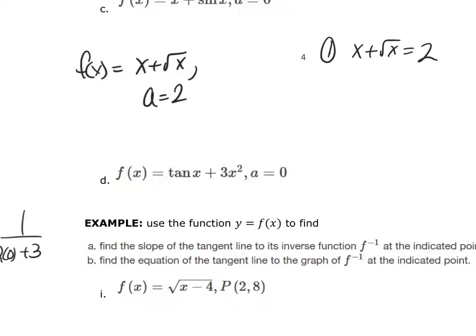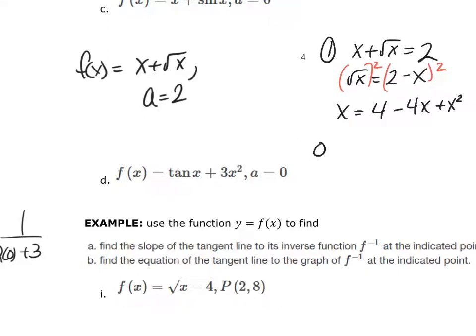So the square root of x is equal to 2 minus x. Get the square root by itself, isolate it. I'm going to square both sides. And when I square both sides, I get x is equal to 4 minus 4x plus x squared. I'm going to bring x to the other side and reorder it.